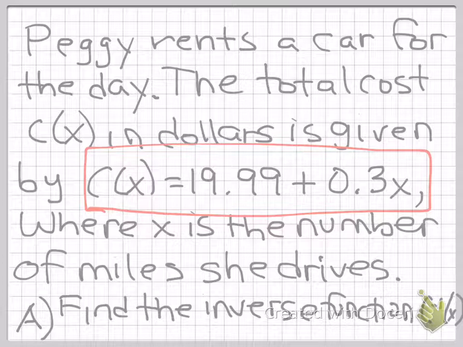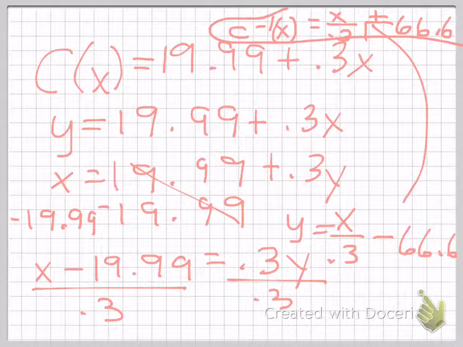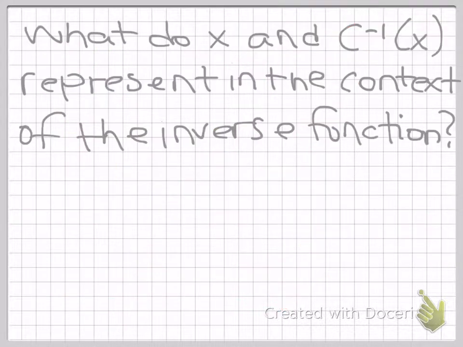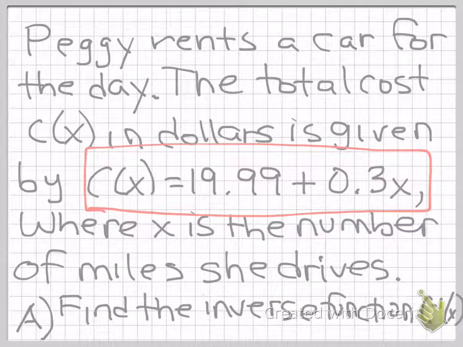What I just did is I found the inverse of the function in pink, and this is what I got. The next question is asking me to figure out what x and c to the negative 1 of x represent. So I need to figure out what they represented in the first place. In the first place, total cost was c of x. So c to the negative 1 of x is going to be the inverse.